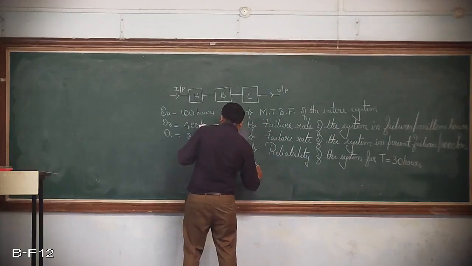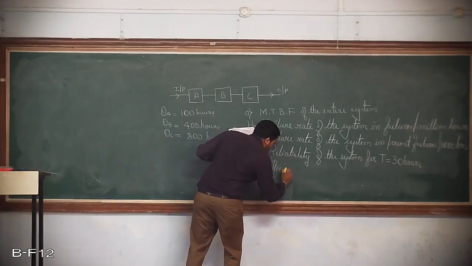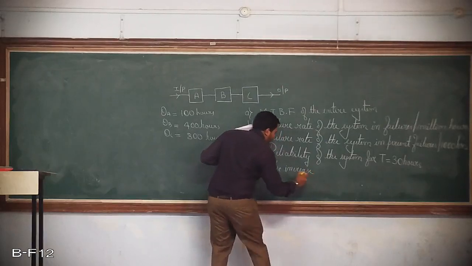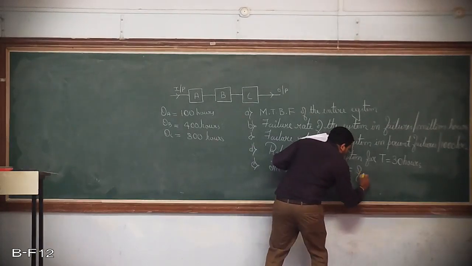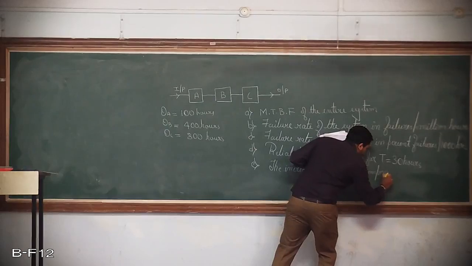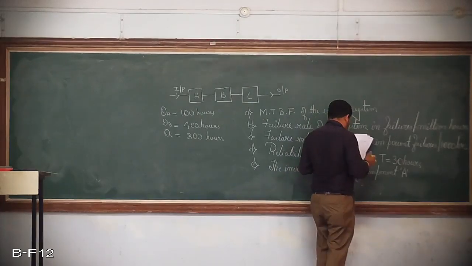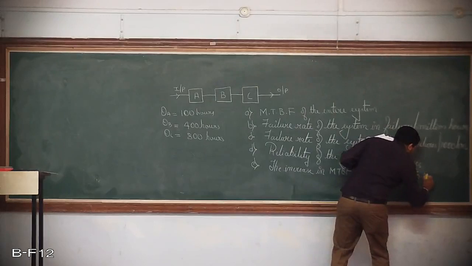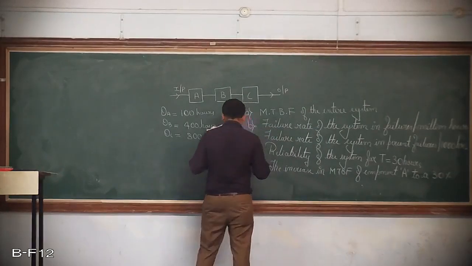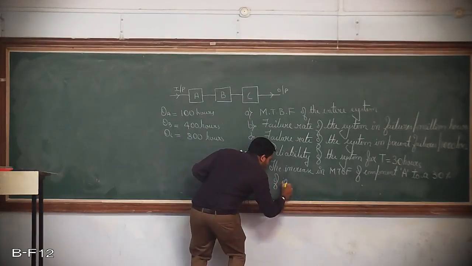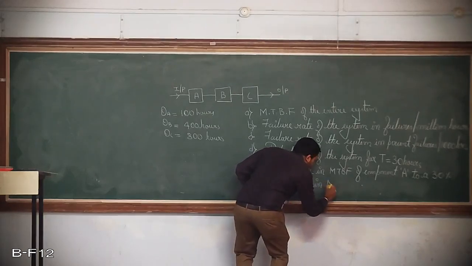And last, they have asked you to find out the increase in mean time between failure of component A to get a 30% increase in mean time between failure of the system.